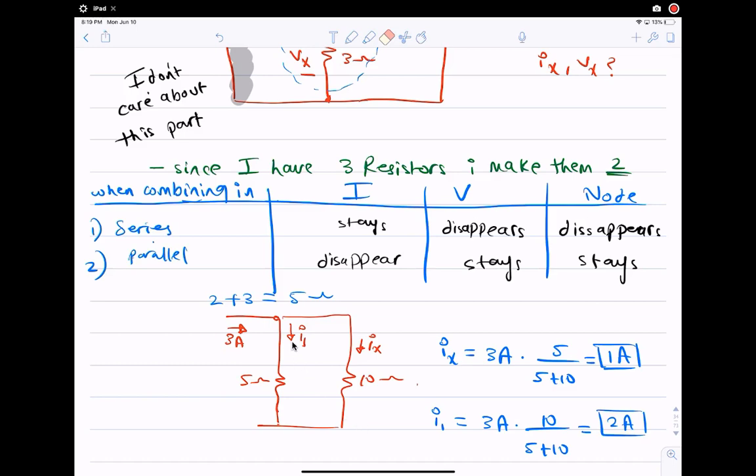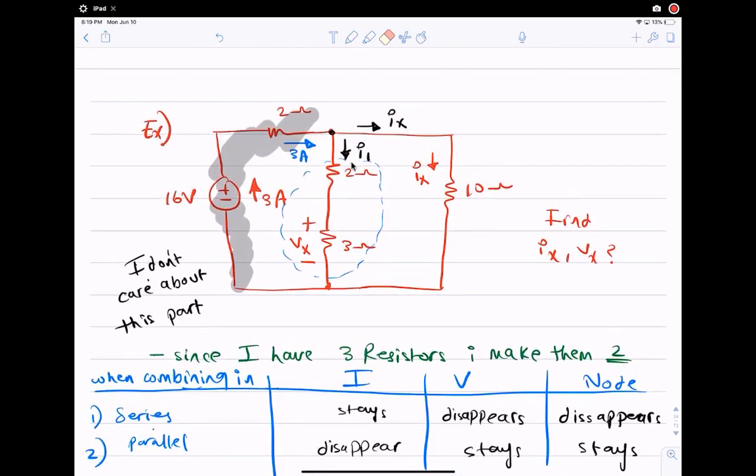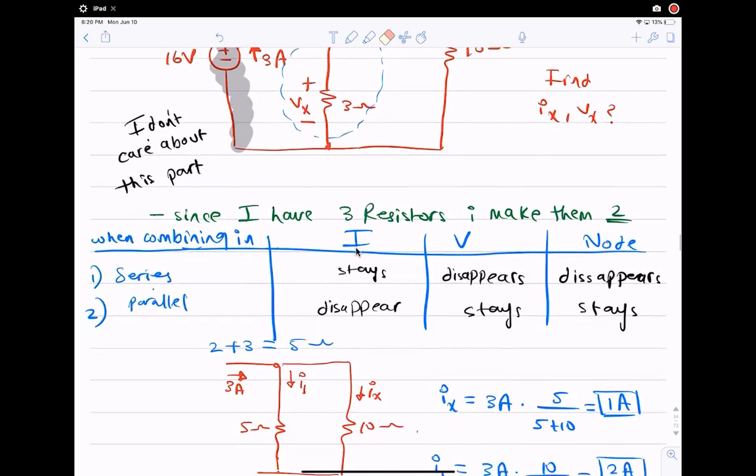Now, why would I find I1 since he did not ask for I1? I named it because I want to find Vx. The only way to find Vx is if you have I1, and then I1 would go through the 3 ohm, then I can use Ohm's law. So Vx right away would have the value of I1 times 3.